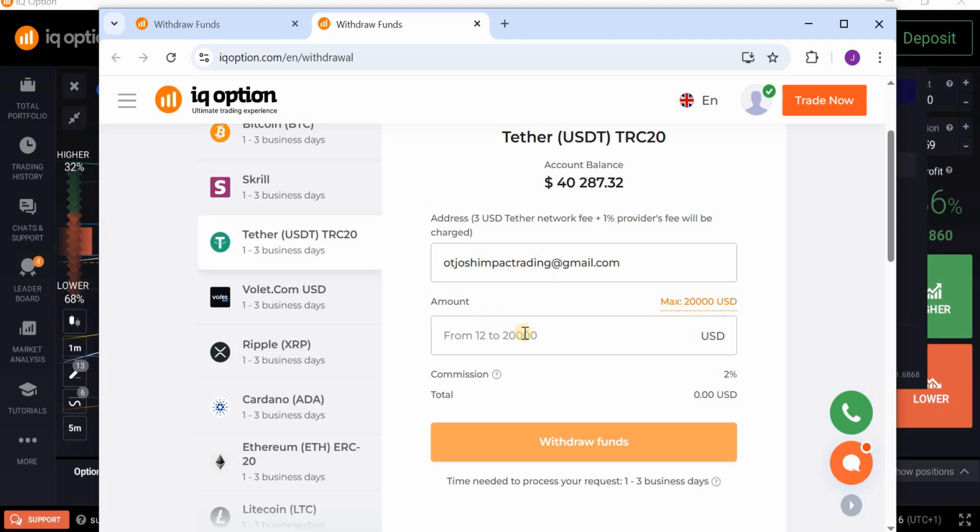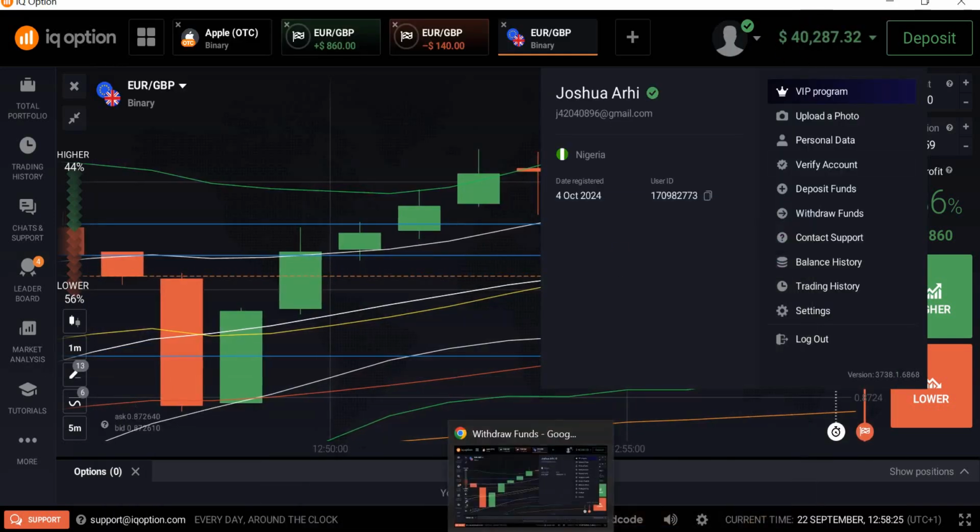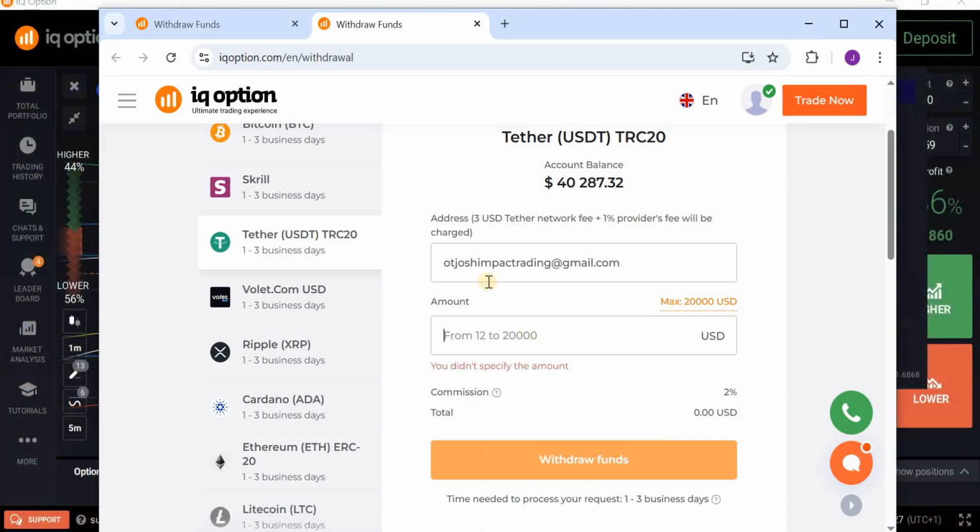So after this, you go in from here. As we can see, I have 40,000, and now I'm going to remove 2,000. Yeah, I don't take much. I just use what I will use for my month or for my week, so that I have enough capital.